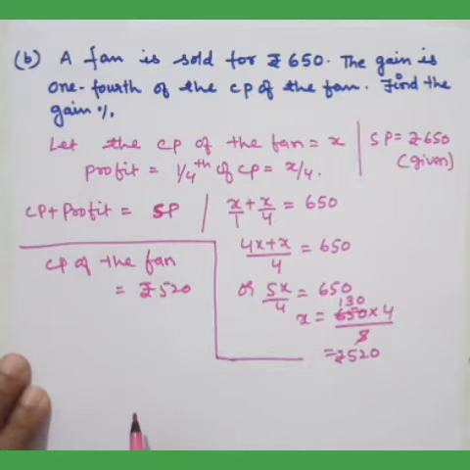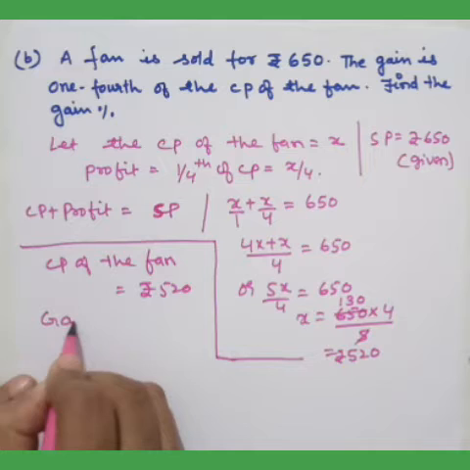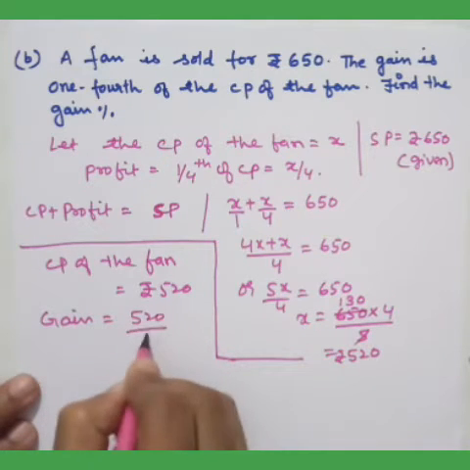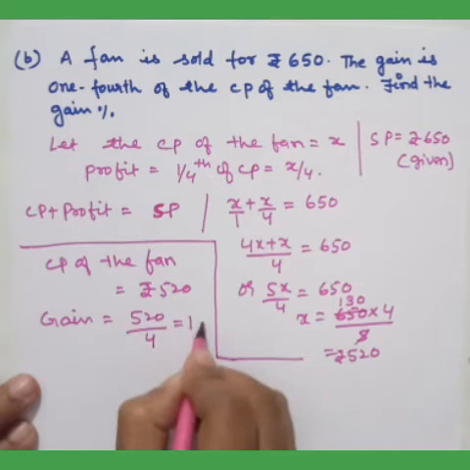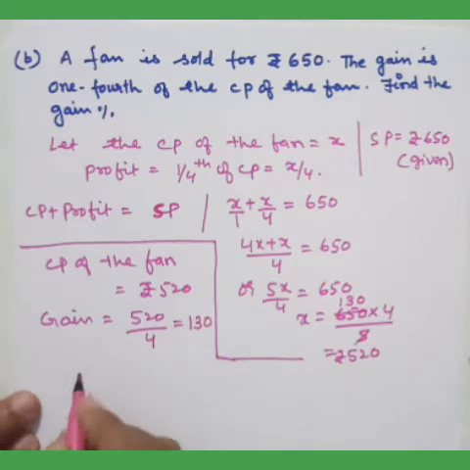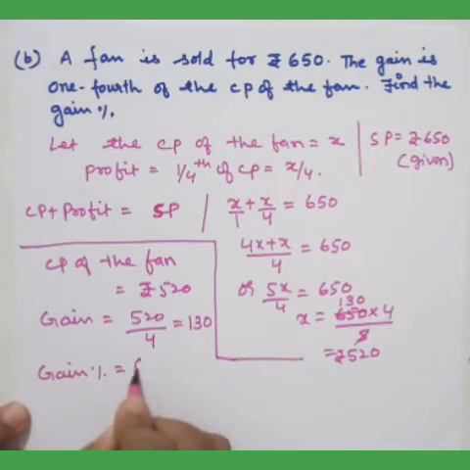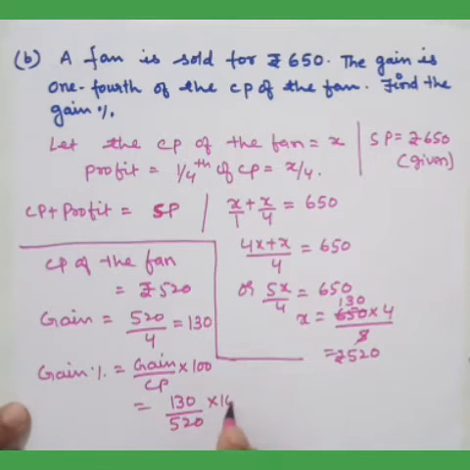You have to find the gain percent. For getting gain percent, you have to know the gain. So what is your gain? Gain is equal to CP by 4. That is 520 by 4, which is equal to how much? 4 1s are 4, 4 3s are 12, 130. Rupees 130. So gain percent is equal to gain by CP into 100. So gain is equal to 130 and CP is equal to 520 into 100.